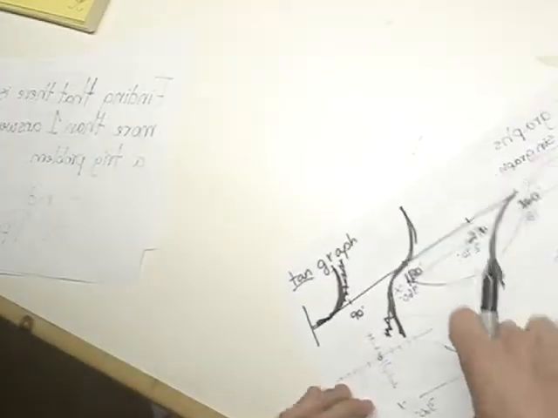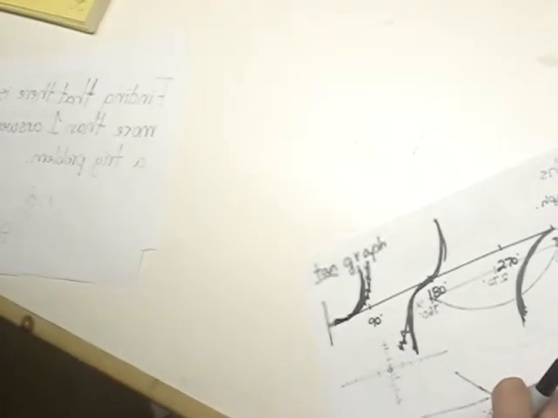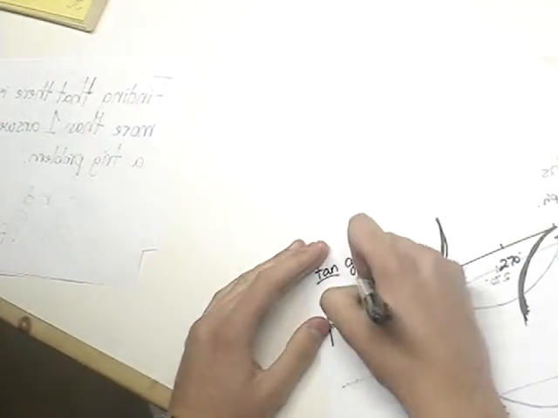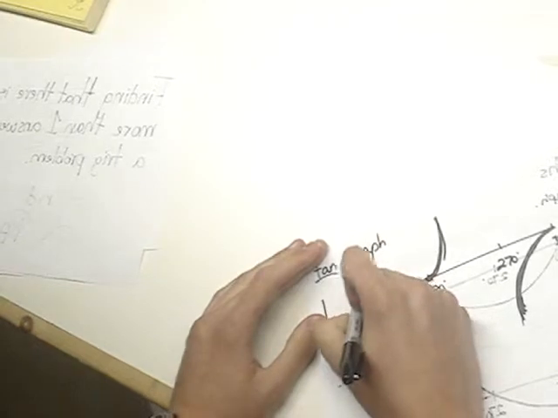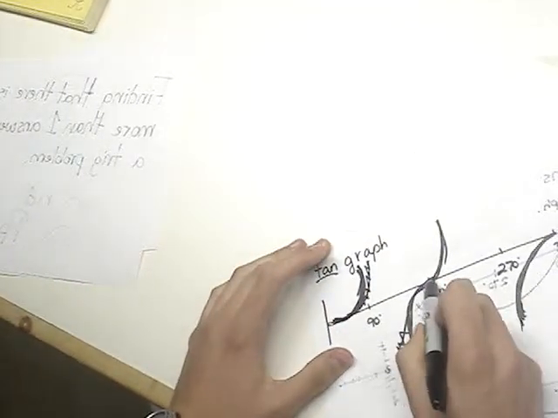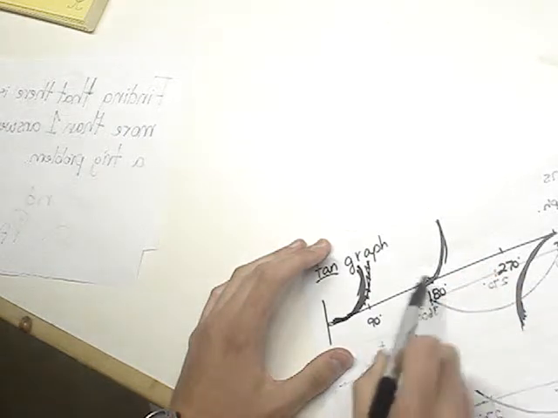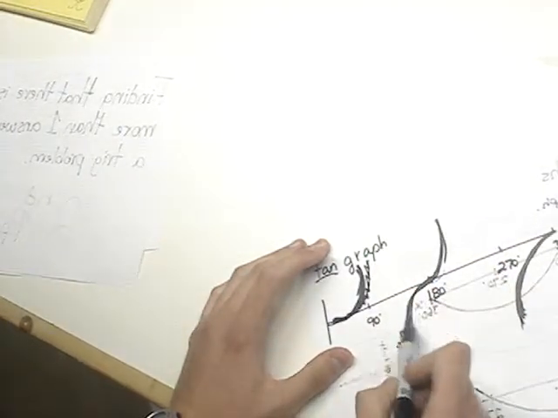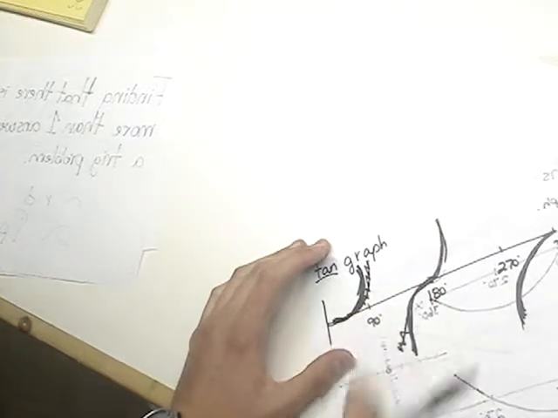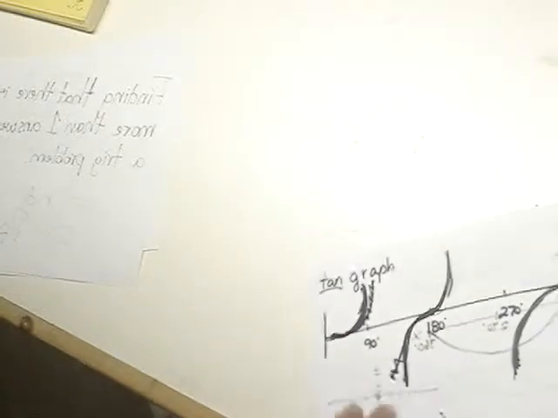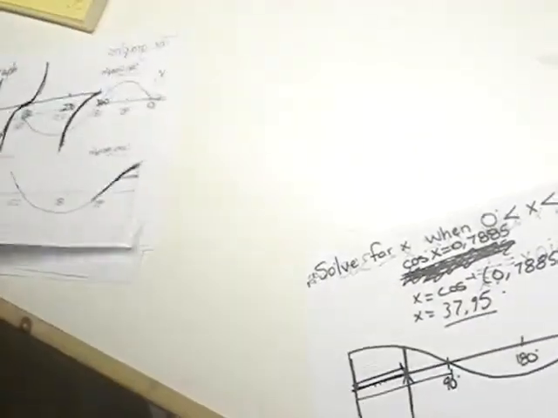And the tangent graph, it's a little wonky. It curves up just before 90, just right there. Okay, it curves up past 180 and curves up to 360 just like that. Okay.